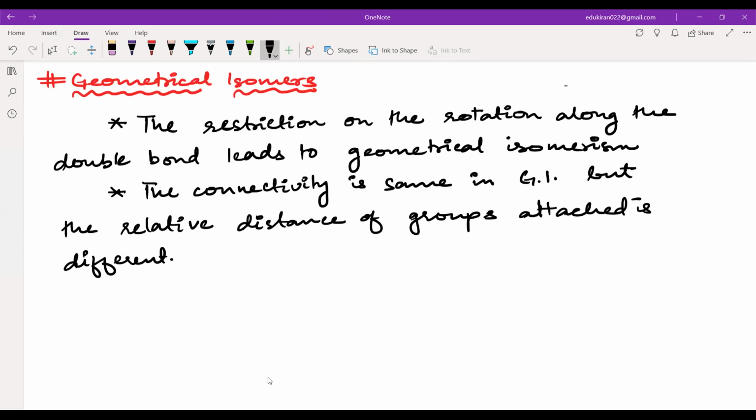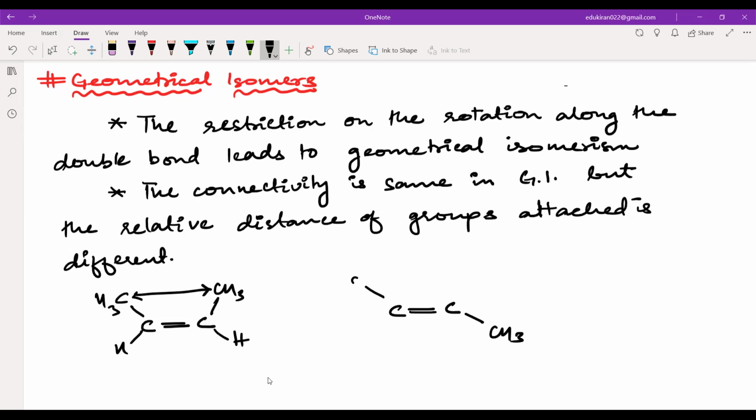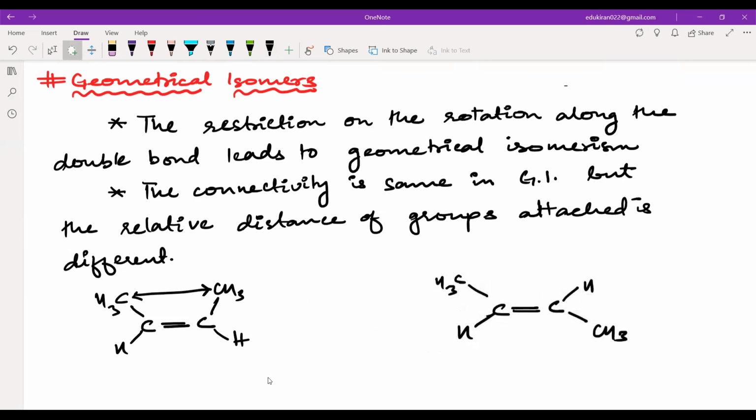Okay, so for example, if you want to see the distance between these two carbon atoms, and the distance between these two carbon atoms. Obviously, these carbon atoms have a largest distance, right? They are further apart. And that is why these two structures are different. And obviously, you can't rotate along the double bond.